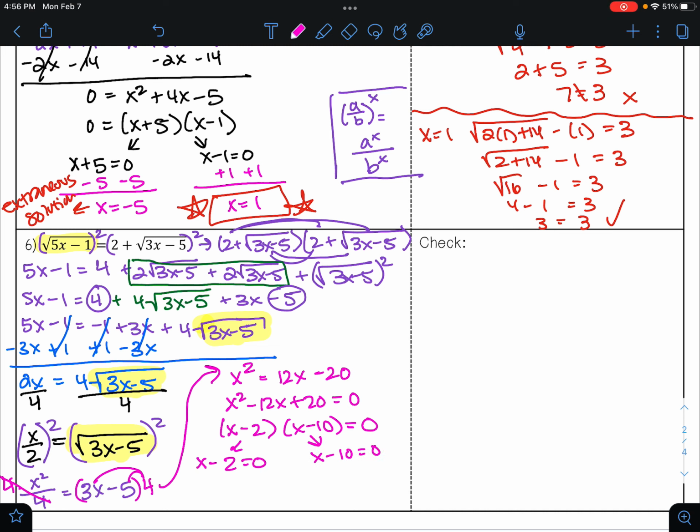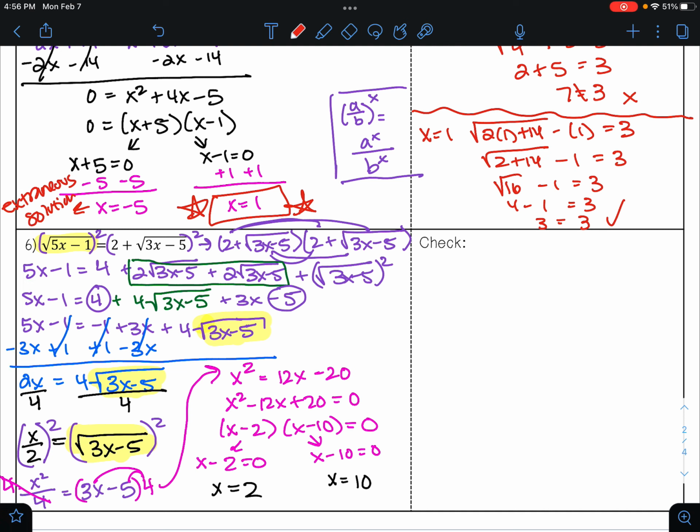If I solve this first equation, I'll add 2 to both sides and get x equals 2. If I solve the second equation, I'll add 10 to both sides and get x equals 10. So let's go ahead and check both of these solutions.